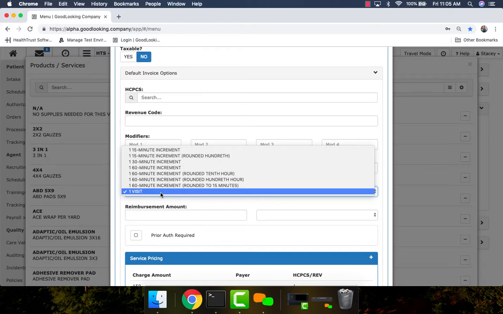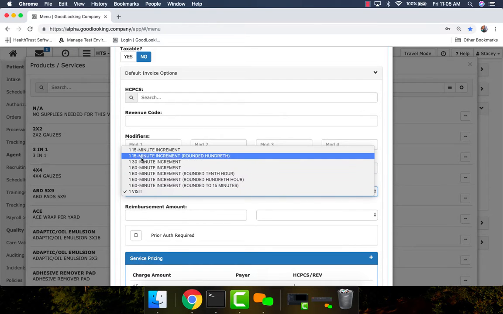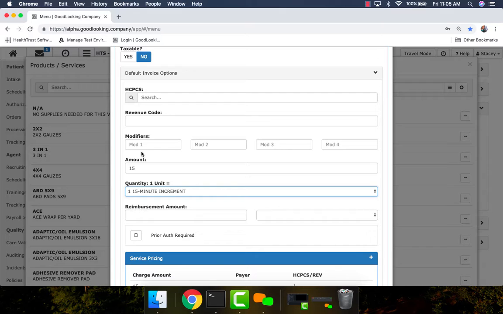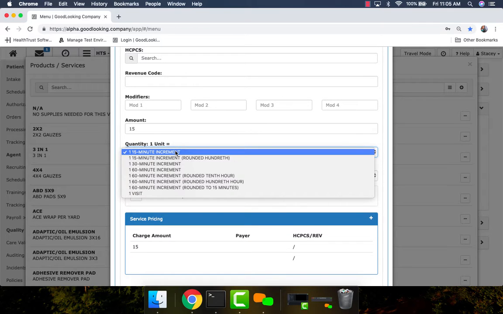If we wanted to bill, let's say for a private duty nursing visit, most of the time that's going to be something like $15 per 15 minutes. And in that case, if I render an hour visit, we're actually going to bill $60 with a quantity of 4.